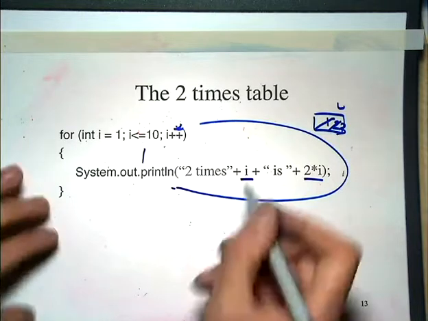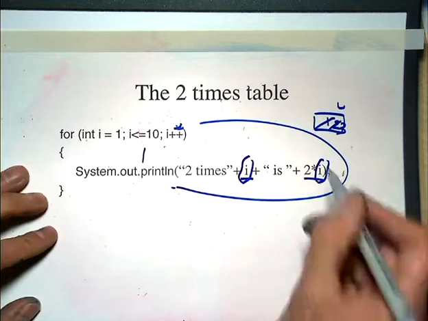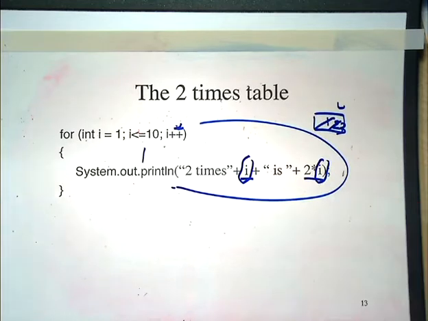So again, all I've done is I've replaced in 2 places the thing that was changing by the variable, and in this case the variable is just the counter.